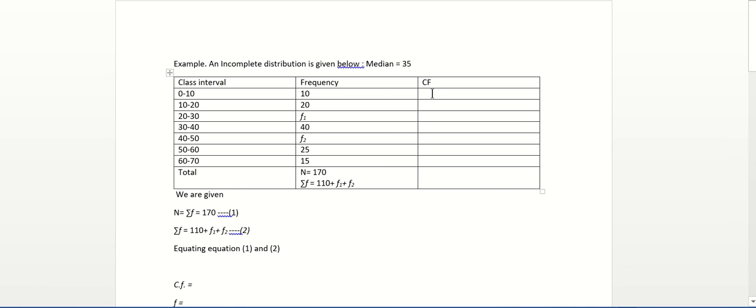Now we can calculate CF. For CF, what I will do: 10 plus 20 is 30, 30 plus F1. Then 30 plus 40 is 70, 70 plus F1. Then 70 plus F1 plus F2.